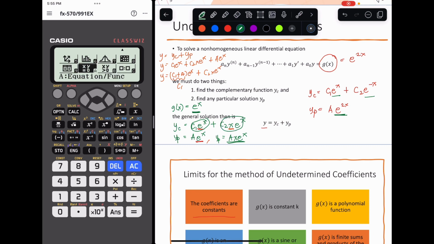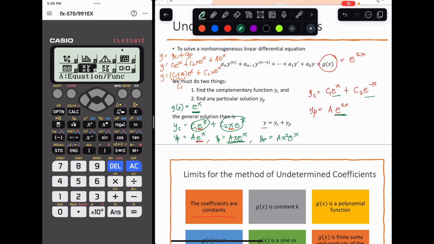So that is why we're going to multiply it again by another x. So that makes it a x squared e raised to x. So this time, our particular solution is no longer the same as the 2 solutions on our complementary solution. So that is for case 2.